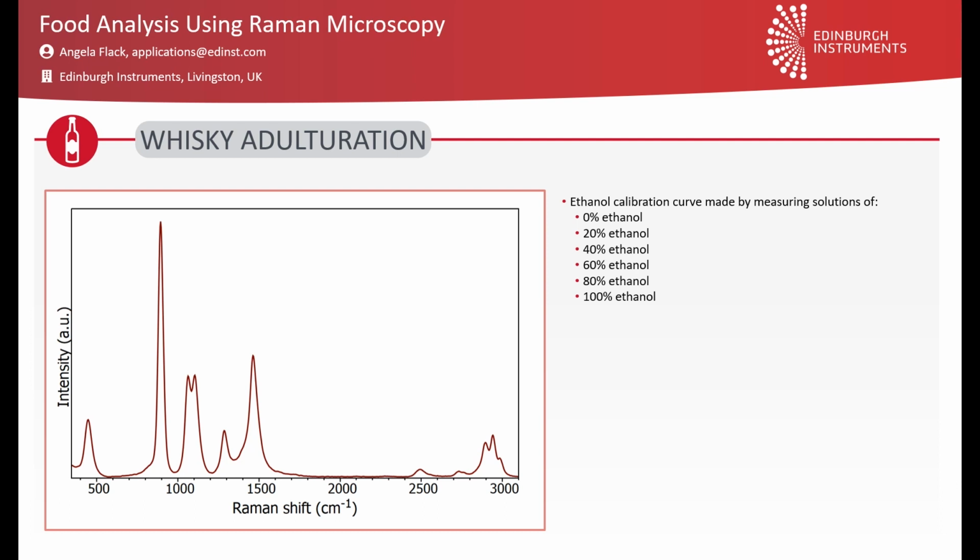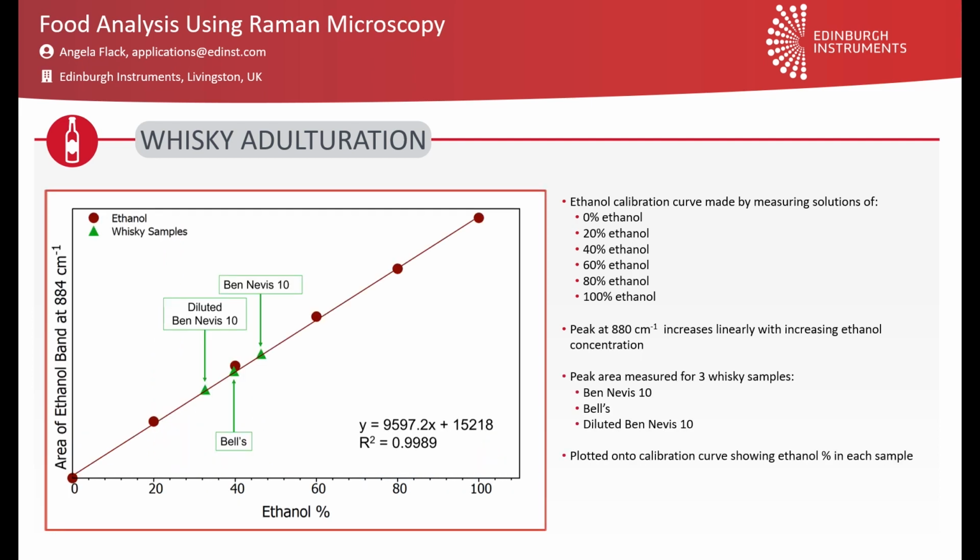Tackling the first problem, we can use Raman in a quantitative way by making a calibration curve of ethanol at different concentrations. We do this using the peak at 880 wavenumbers, as it behaves linearly with increasing concentration. We can then measure 3 whiskey samples, 2 of which were straight from the bottle and 1 was diluted.